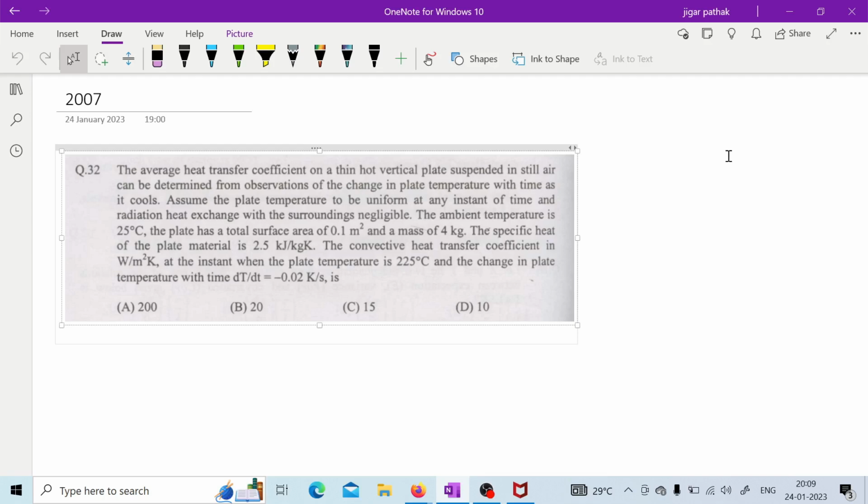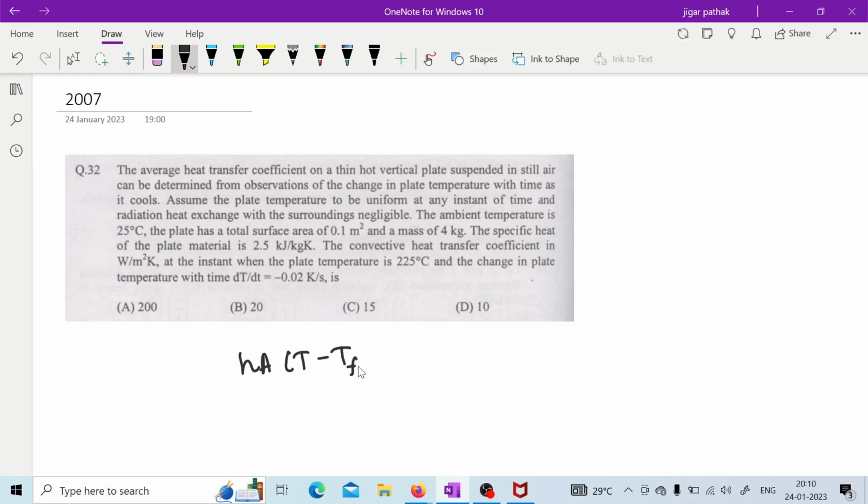Sir, here also the same equation, and we have to find h. Yes, you can go by that, but here I guess you can better go with the simple equation with which we started. The convective heat transfer to the system will be hA(T minus T infinity), and the heat added to the system is m cp dT by dt.